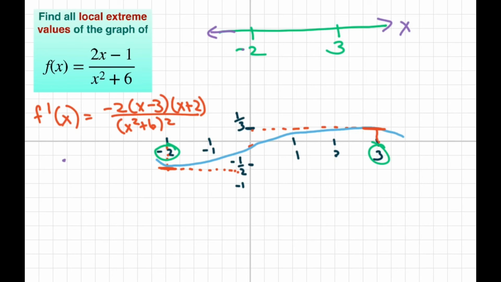This is going to give you negative, negative, negative divided by a positive, so this is going to be negative here. Now let's substitute in a 0. That would be in between here. We're going to get negative, negative, positive divided by positive. Well, this is going to give you a positive.